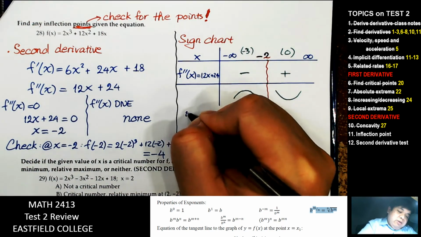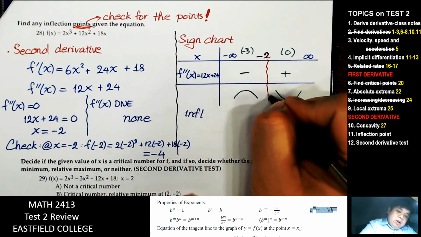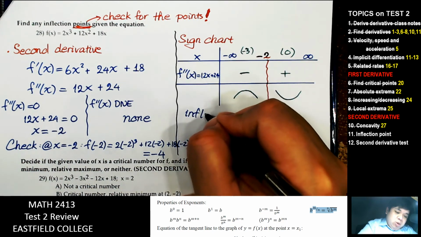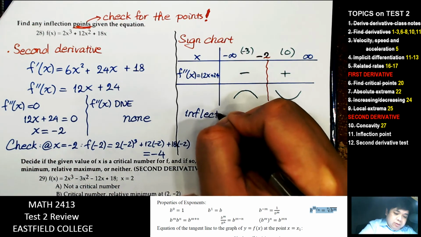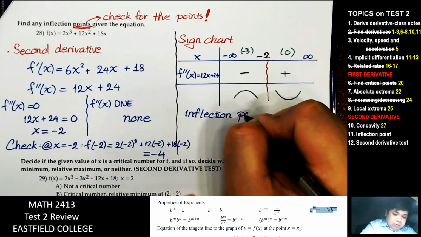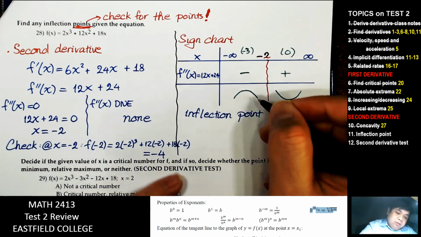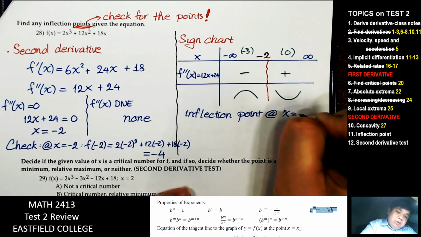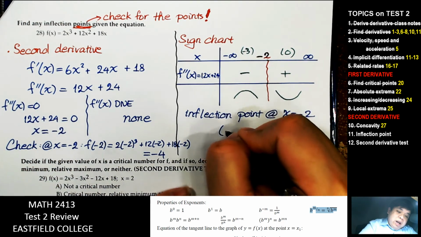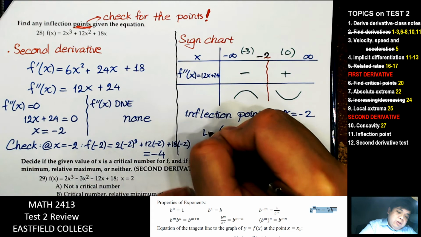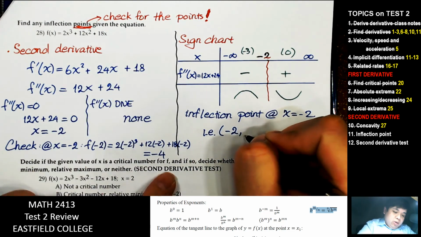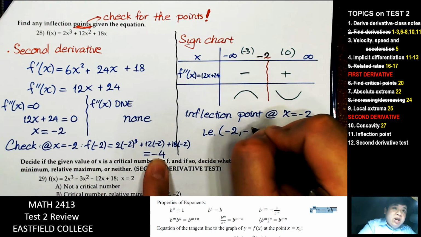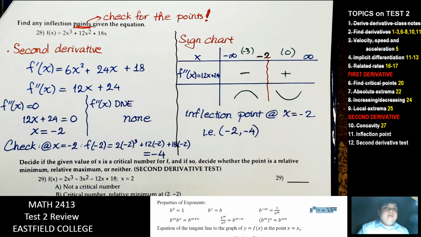So we say the inflection point will be in between, at x equal to negative 2. In particular, when x equal to negative 2, y equal to negative 4. That's why we check to find the y values.